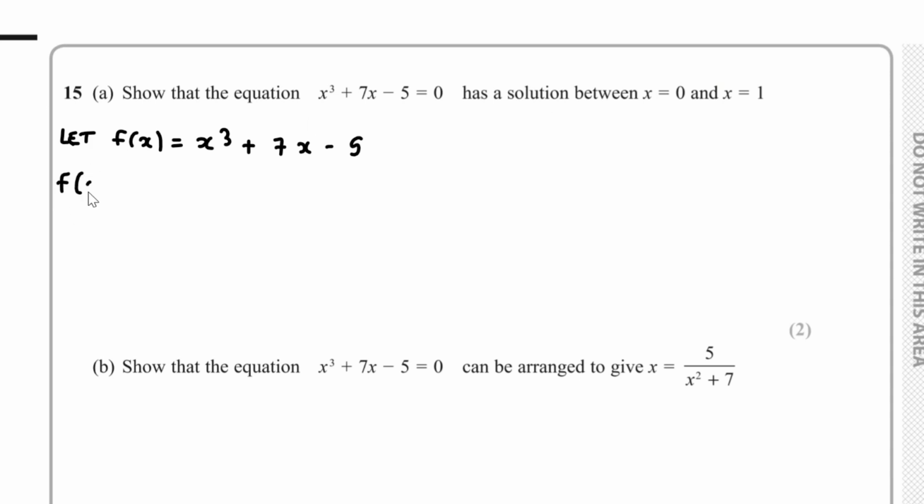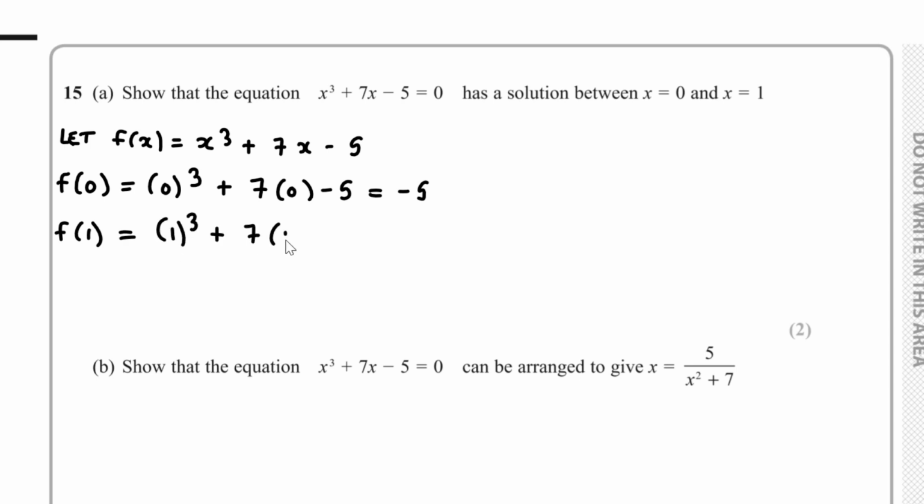And now we want to show that this has a solution between 0 and 1. So we begin by finding out f of 0. So we've got 0 cubed plus 7 lots of 0 minus 5, which is minus 5. And f of 1, that's 1 cubed plus 7 lots of 1 minus 5, which is 3. So what we see then is we have a change of sign.